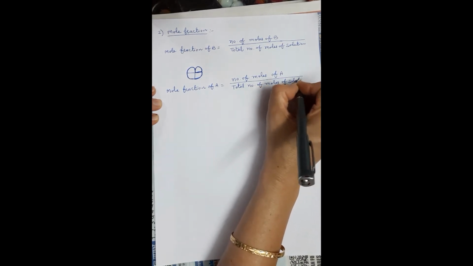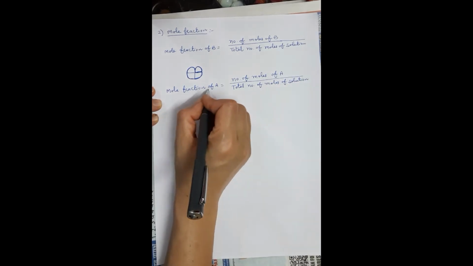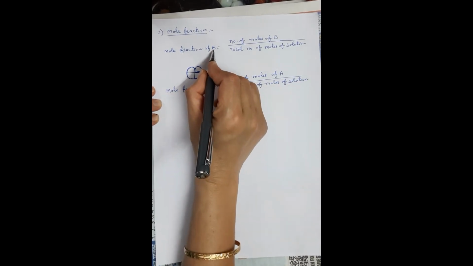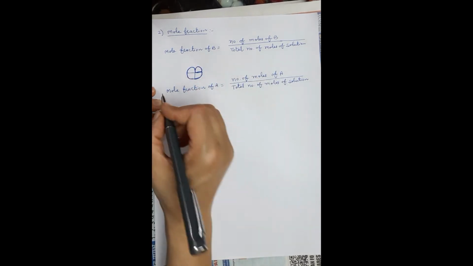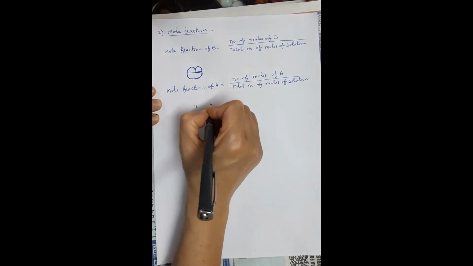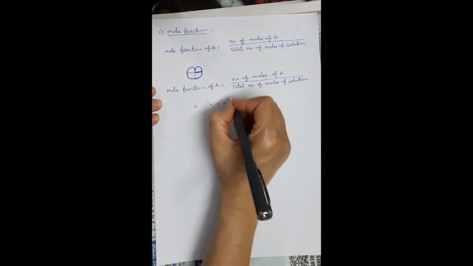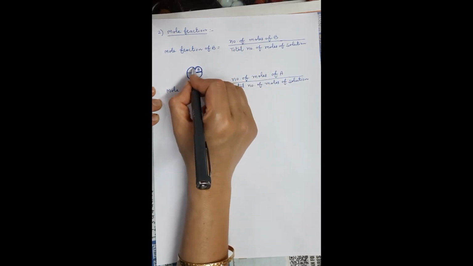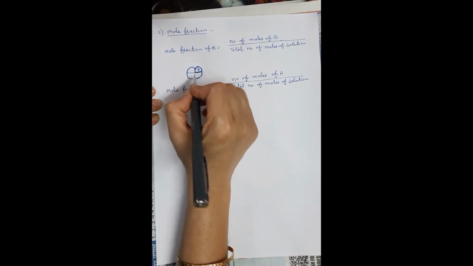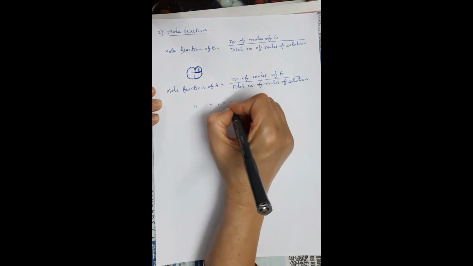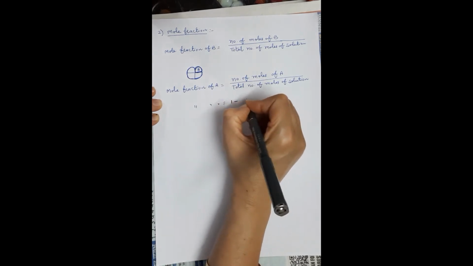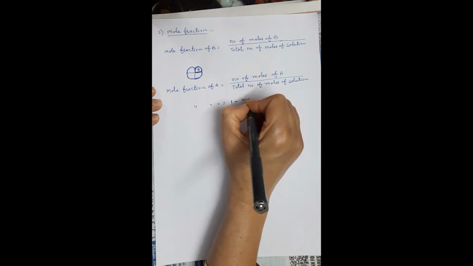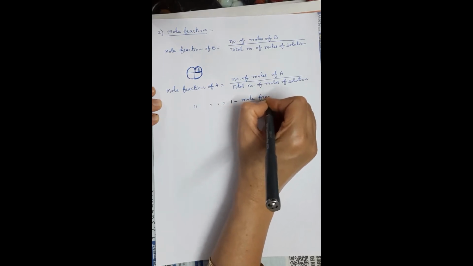But there is another easy method to find the mole fraction of A, provided you know the mole fraction of the other component, and there are only 2 components. Total apple is 1. If the part B is only 1 by 4, what is the rest of that? A, that is 3 by 4. So I can also say 1 minus the mole fraction of B component.